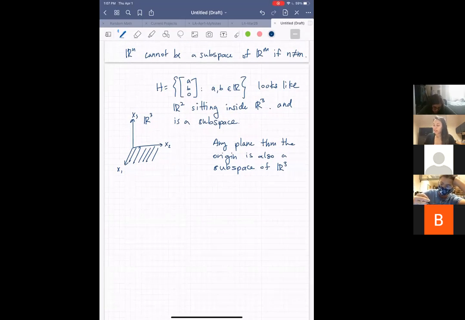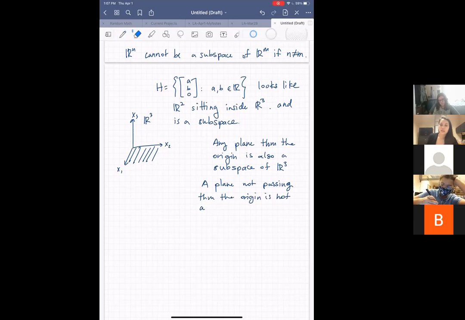A plane not through the origin, so maybe I'll also add that too. A plane that does not pass through the origin is not a subspace because it won't contain the 0 vector, the origin.